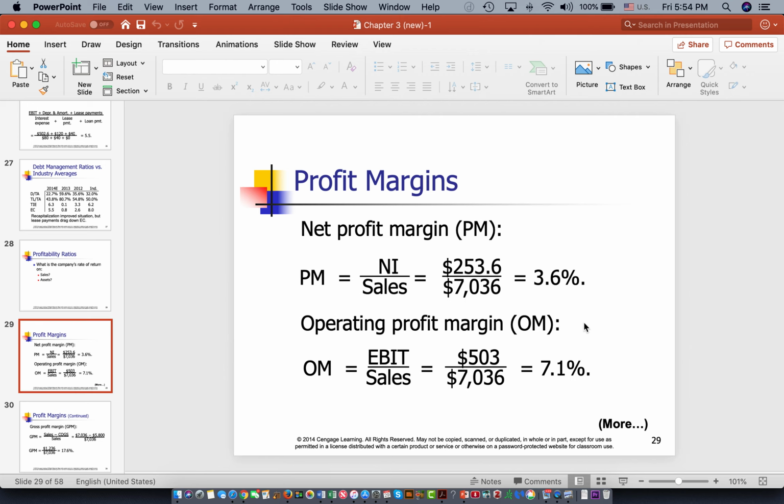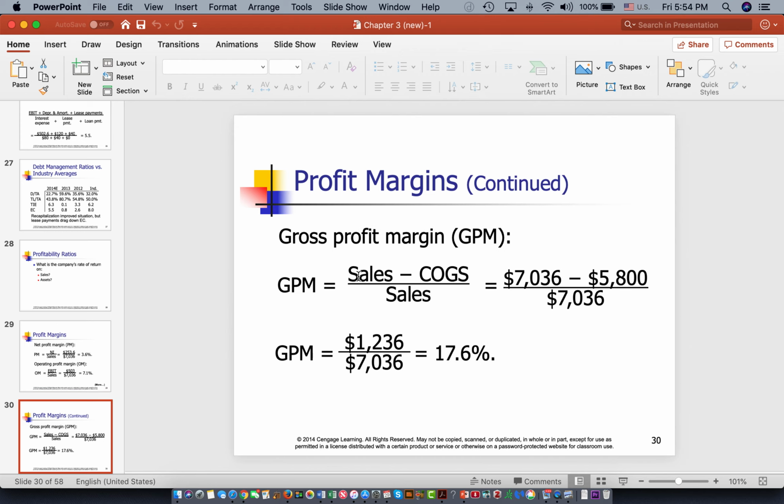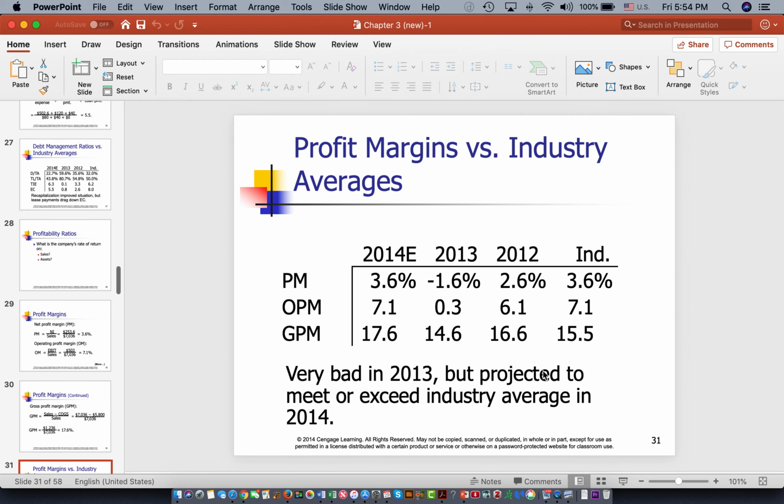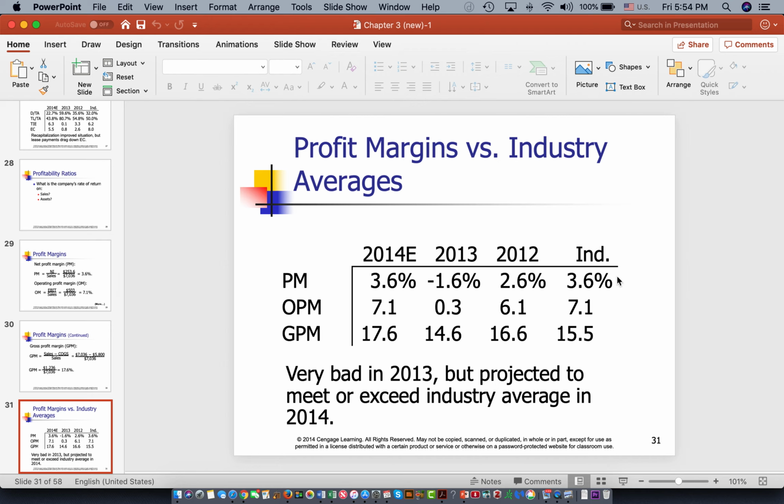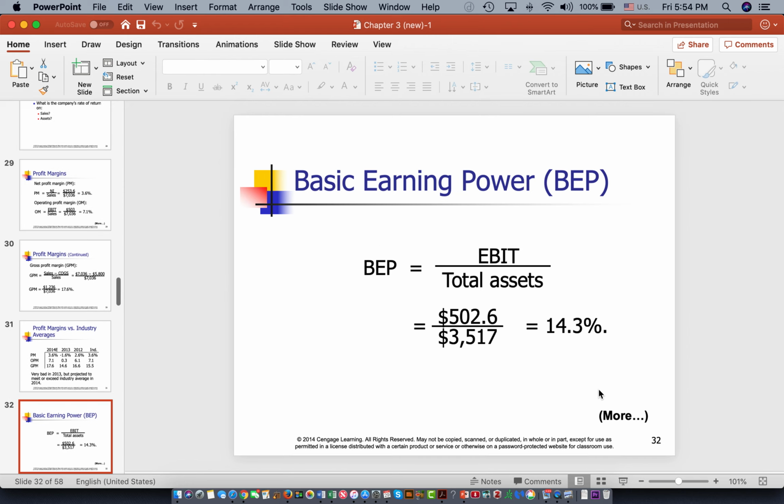One is net income, one is EBIT, and this is gross sales minus cost of goods sold. You compare these to the industry, and the higher the better. In 2013, you see it's very bad indeed.